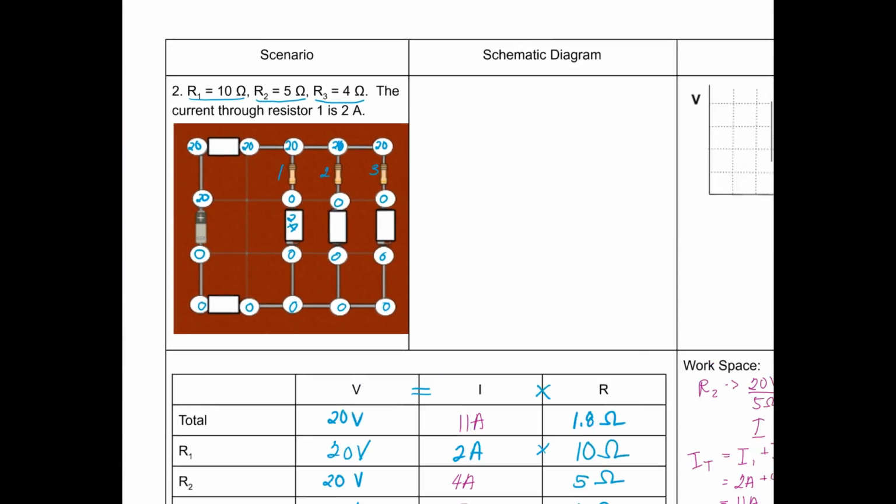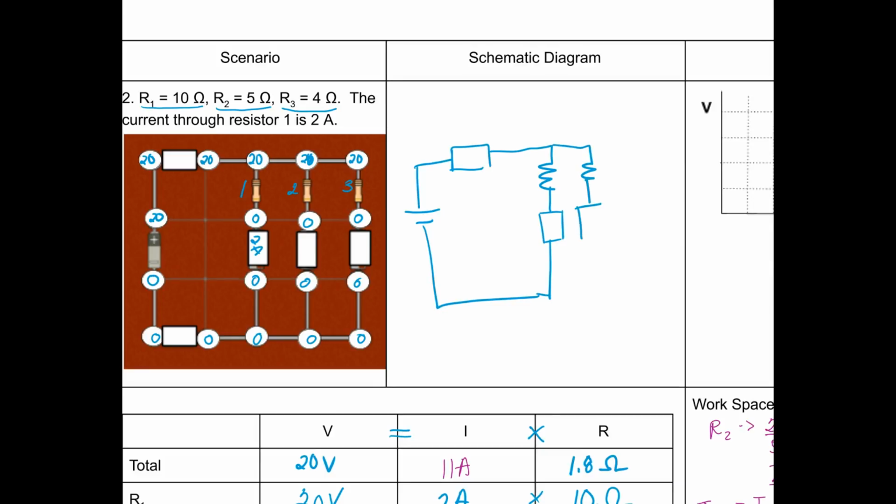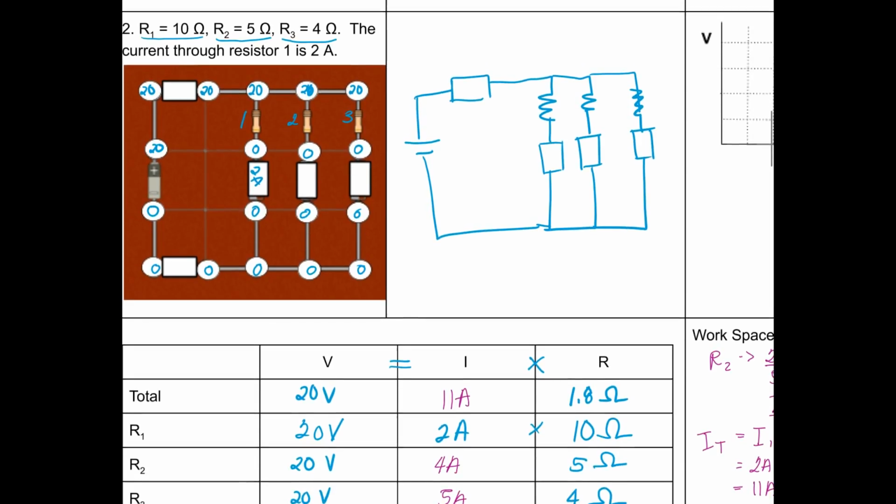Okay, so we're going to draw our schematic diagram. We have our battery, our ammeter, then we have resistor 1 with an ammeter. Then we have resistor 2 with the ammeter. We have resistor 3. I'm not drawing this very well, but you get the point. And then let's go ahead and fill these pieces of information in.